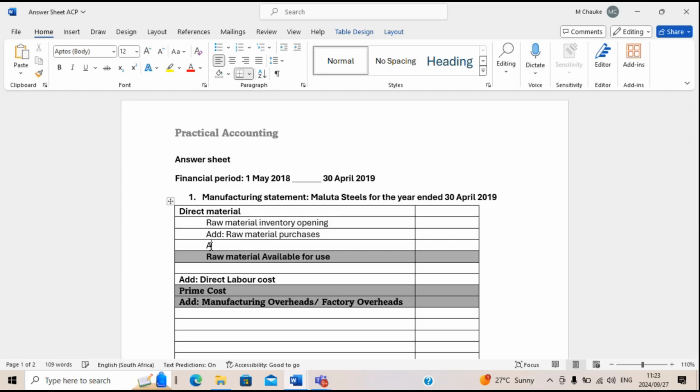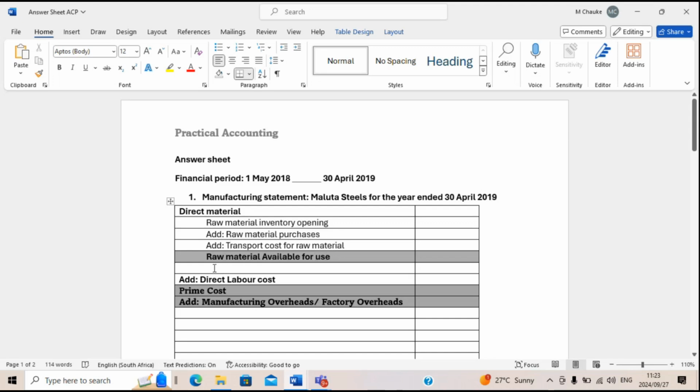Add transport cost for raw material. Transport cost for raw material, you add there, and then raw material inventory opening plus raw material purchases plus transport cost for raw material will give you raw material available for use, right?